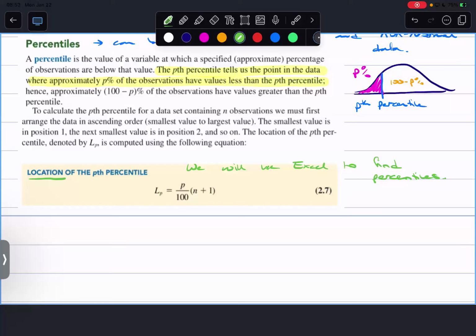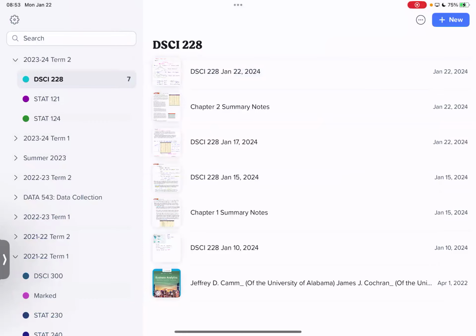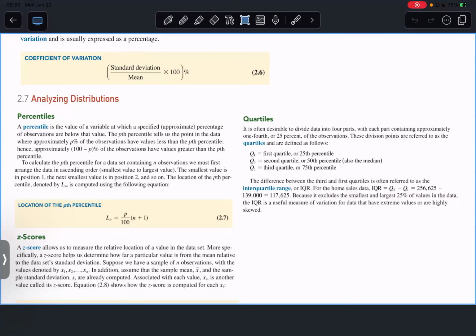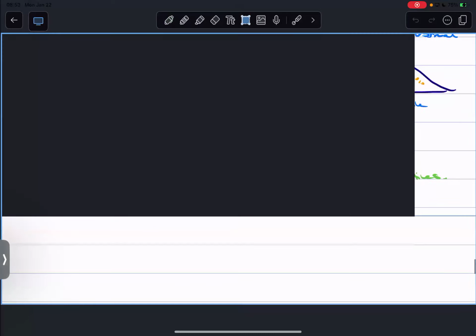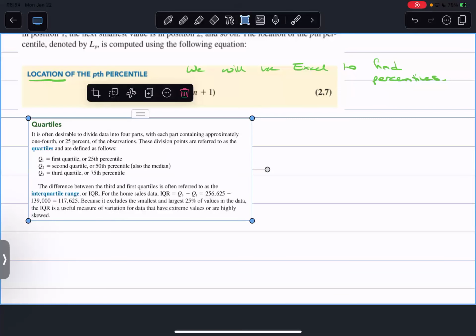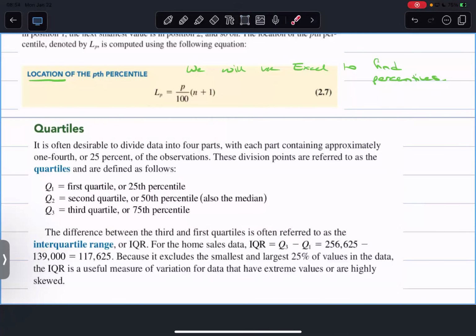The reason we really introduce percentiles is because we're going to be talking about quartiles. Quartiles are special cases of percentiles. So you've got your data set.